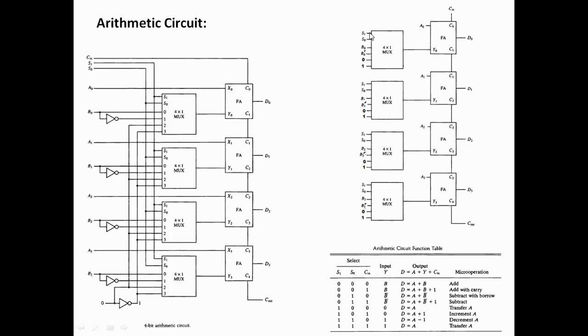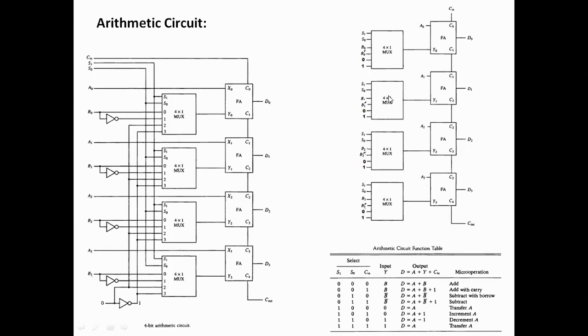If S1, S0 is 0 0, the first line will be the output, meaning B0 will be the output here. And if this is 0 1, B0 dash will be the output here. If this is 1 0, the third output, that is 0, will be here. And if this is 1 1, the fourth output, that is this one, will go here.